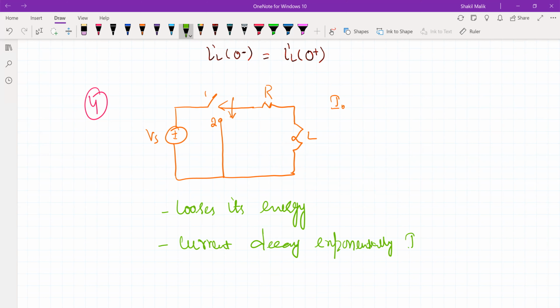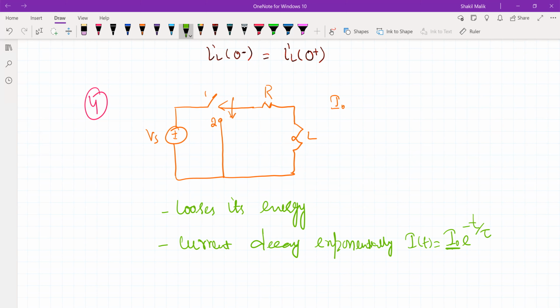The current behavior is given by I naught e to the power of minus t by tau. This is the value of the current stored in this inductor at the time when you change the position of the switch from 1 to 2.